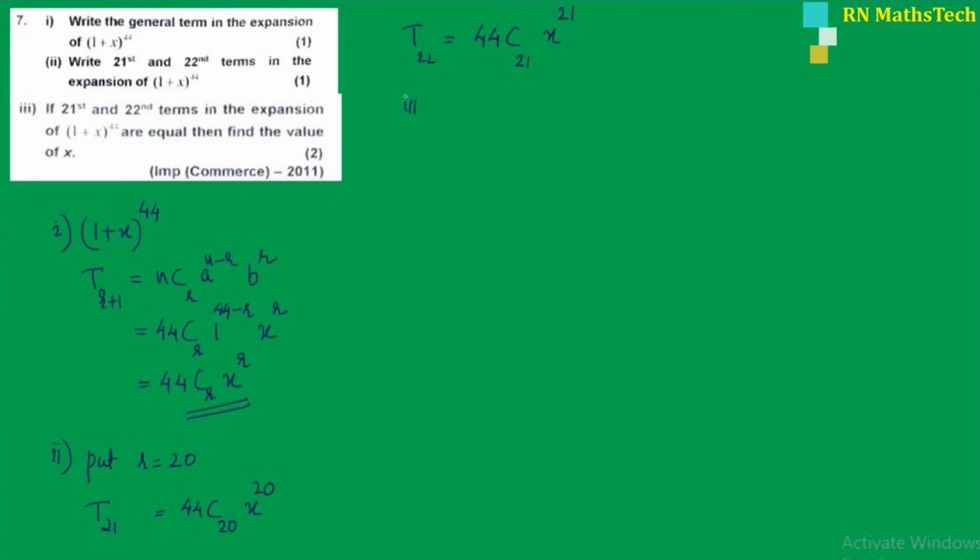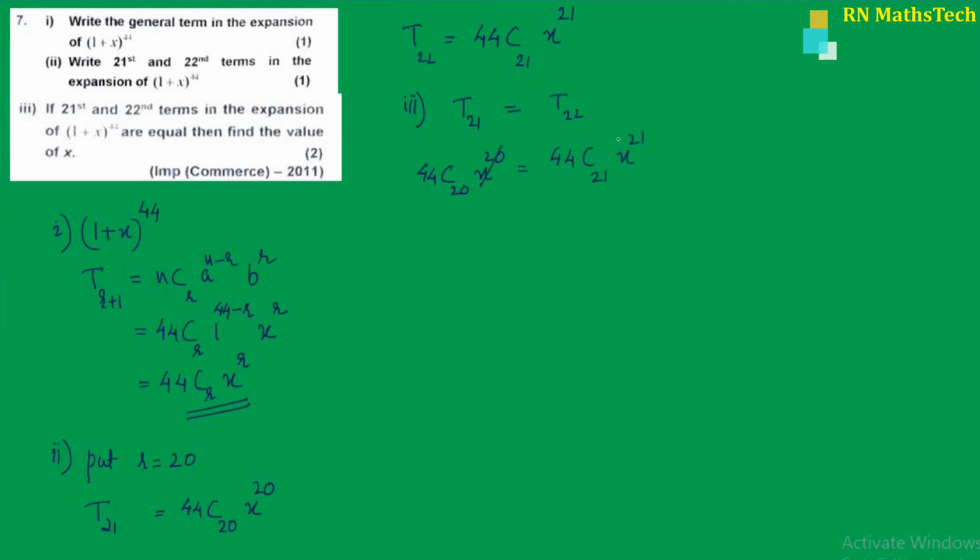Now the third one, if the 21st and 22nd terms in the expansion of (1 plus x) the whole raised to 44 are equal, T21 is equal to T22, then find the value of x. T21 is 44C20 x raised to 20 is equal to 44C21 x raised to 21.